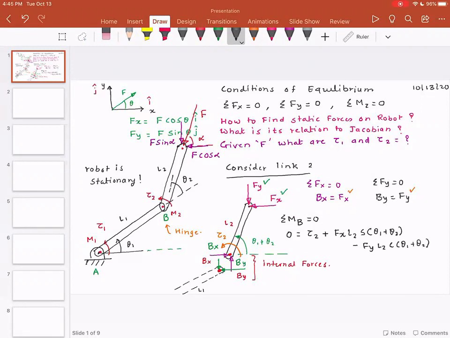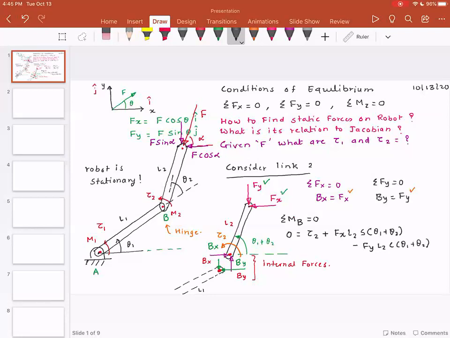Now, I'm taking moment about point B. So for the moment given by f of x, if you curl your fingers in the direction of movement, your thumb is pointing towards the positive z axis, which means that moment is positive.